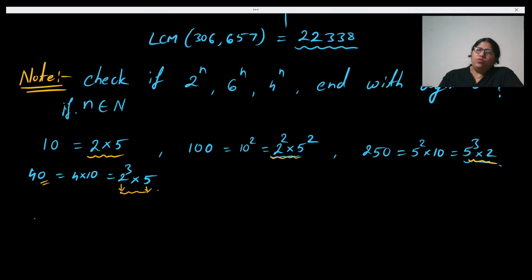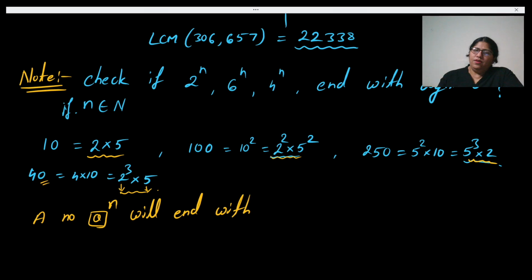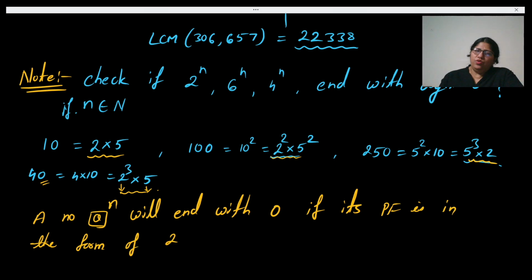So what is the rule you have to write down here? A number, anything. I'm just taking a, where a is any whole number, right? A to the power n will end with 0 if its prime factorization is in the form of 2 to the power n into 5 to the power m.